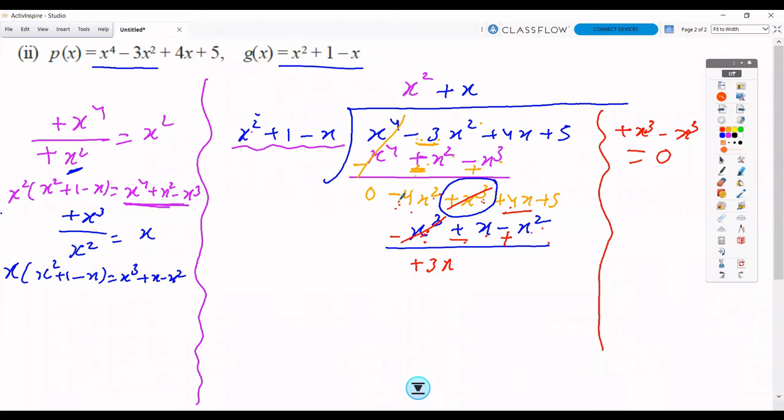Here minus 4 and here plus 1. So altogether this is going to be 3x². And here there is no constant term, but here is the constant term. So plus 5.